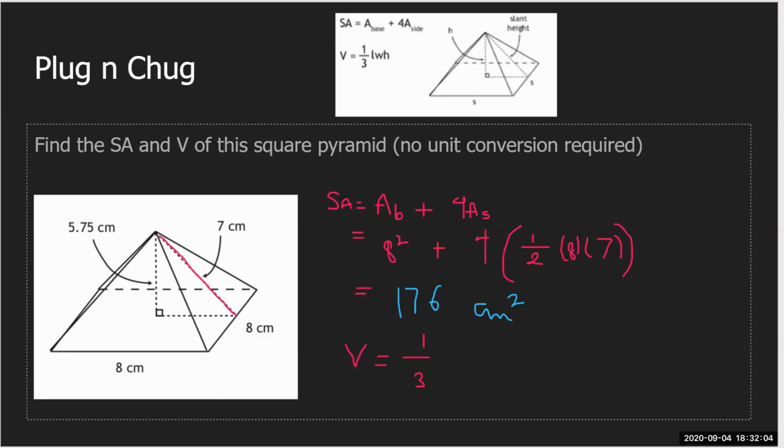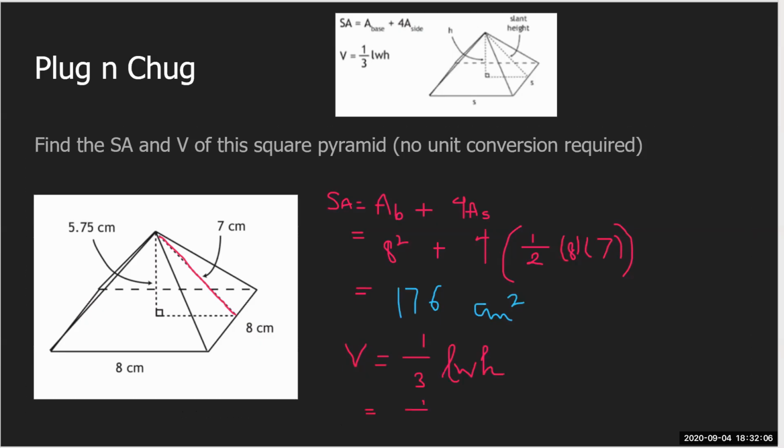So in this case, we're just going to input the numbers: 8 squared times 5.75 divided by 3, which gives you 122.66666, going on forever. But we can round it to 122.67. It's rounded to the hundredths place.